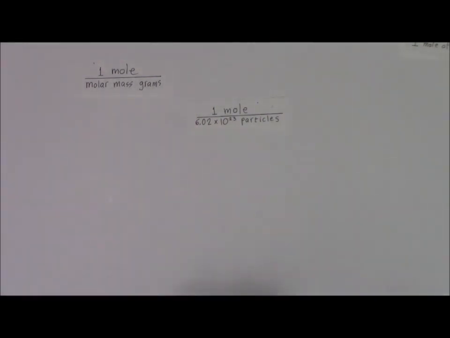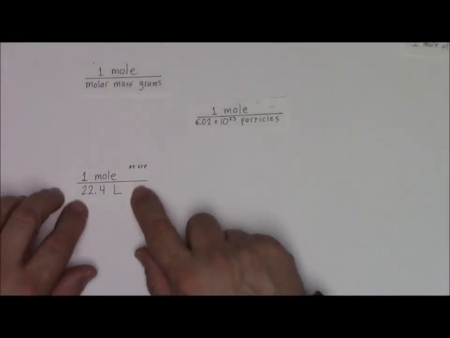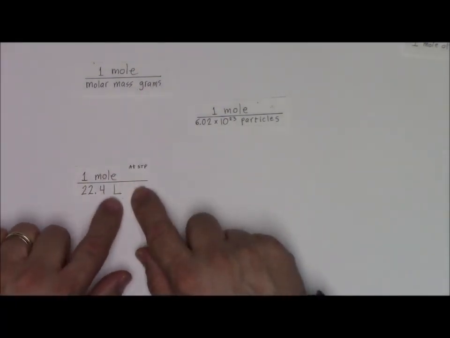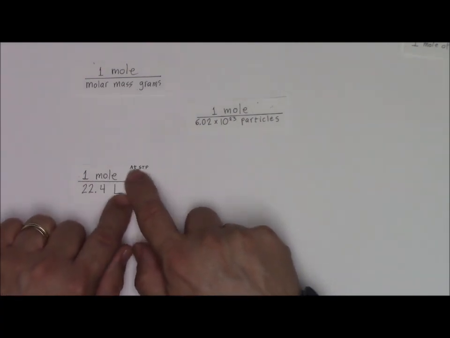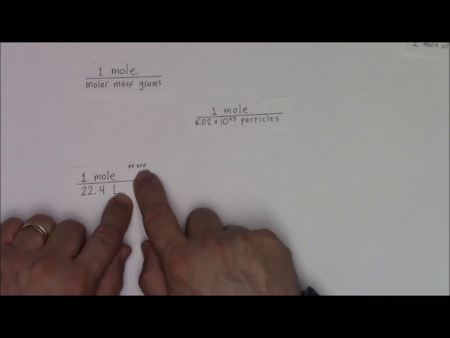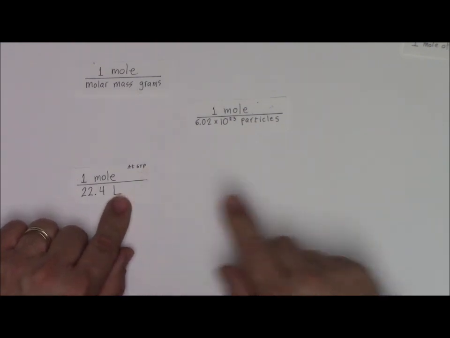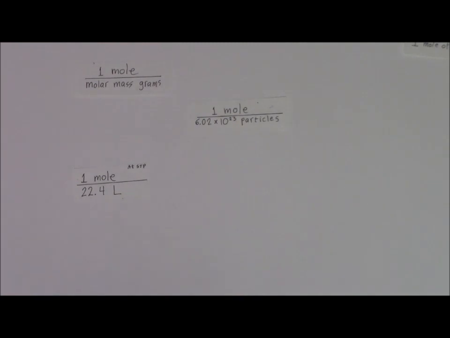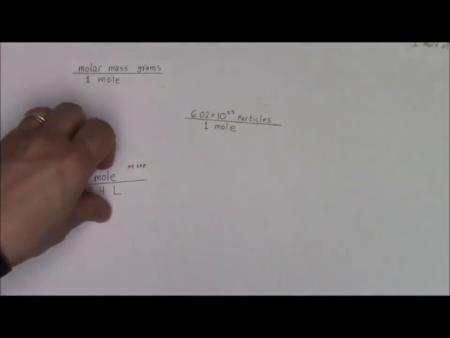And finally, if you're talking about a gas, 1 mole of that gas will occupy 22.4 liters, assuming you're at standard temperature and pressure, which is 0 degrees C and 1 atmosphere.